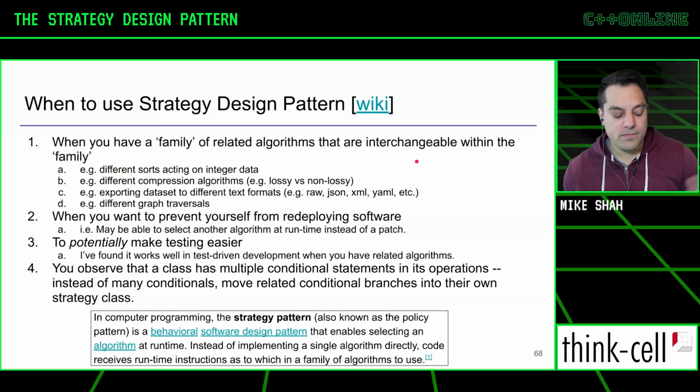Okay. So when to use the strategy design pattern, I'll give a few highlights, right? We looked at sorts. That's an obvious one. But you can think of anywhere where you have multiple algorithms to choose from. Compression algorithms, you might want to choose a lossy versus a non-lossy compression algorithm. If you're exporting data, are you writing out to raw text, JSON, XML, YAML, whatever it might be?